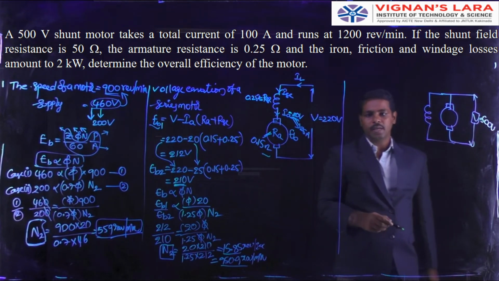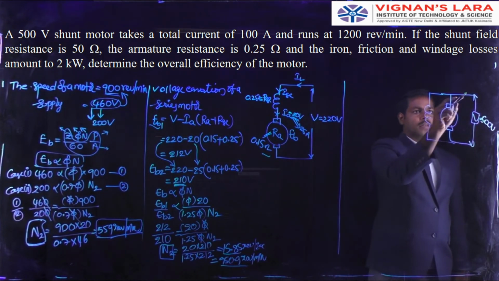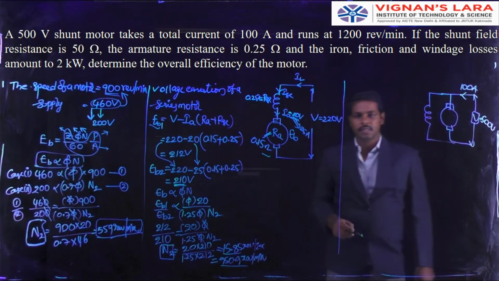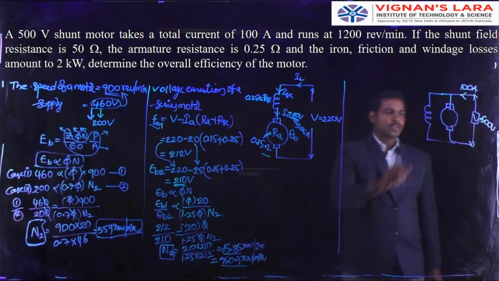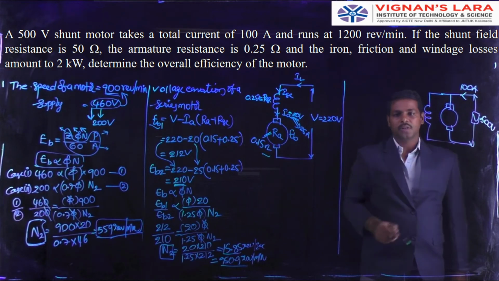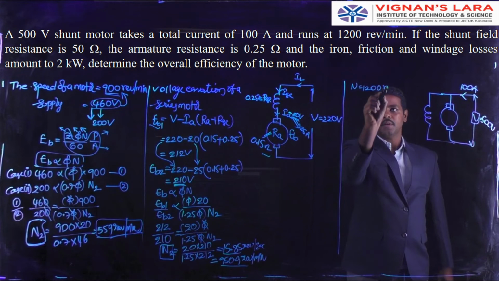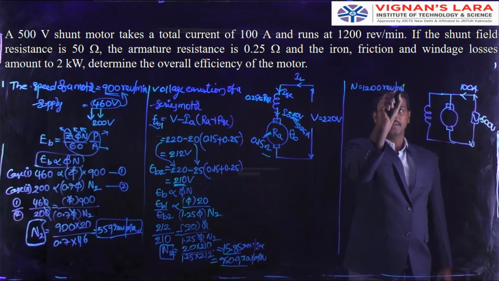The total current given to the armature and field winding is equal to 100 amperes, and the motor runs at a speed N equal to 1200 revolutions per minute.